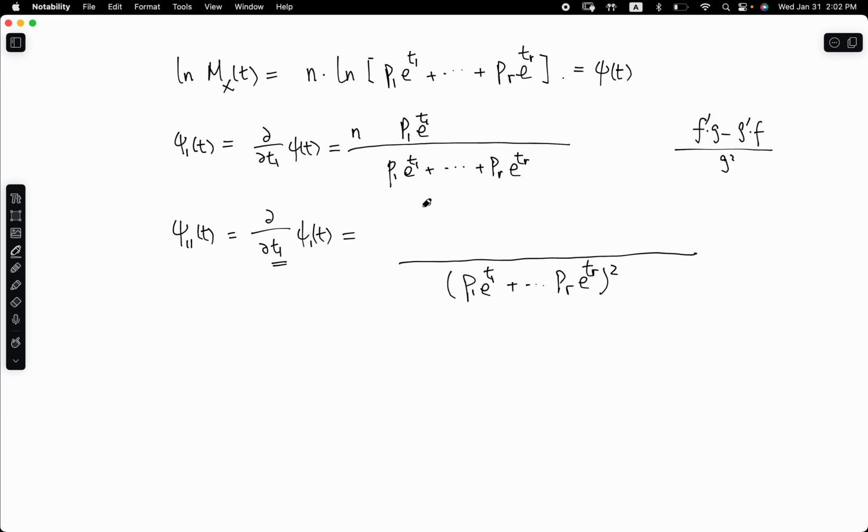Next, calculating the derivative of the numerator. That is just itself, multiplied by g. Yeah, maybe let me just copy down the entire thing here. P1 e^t1 plus ... plus PR e^tR.